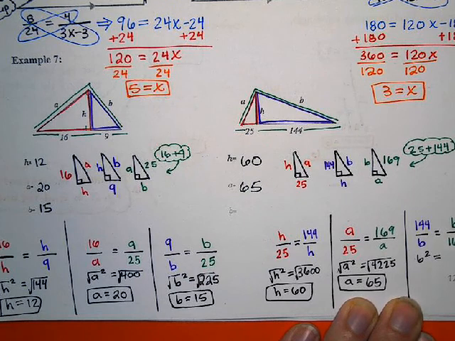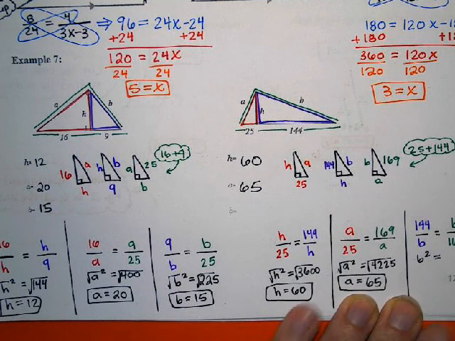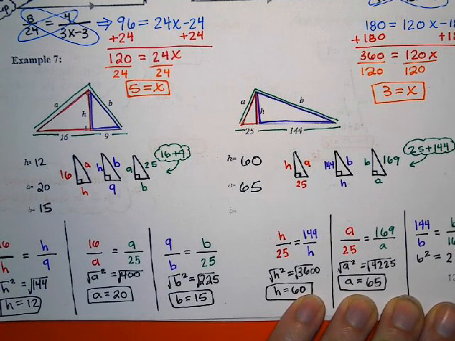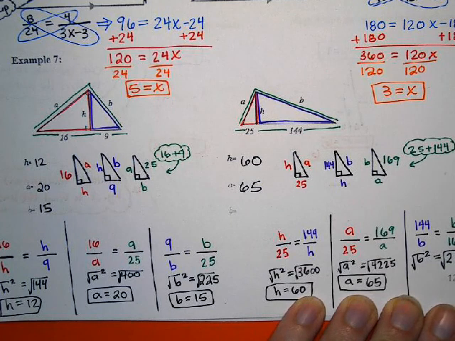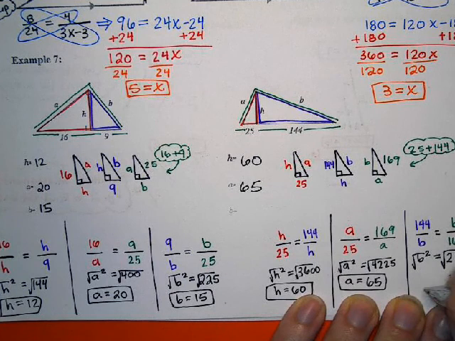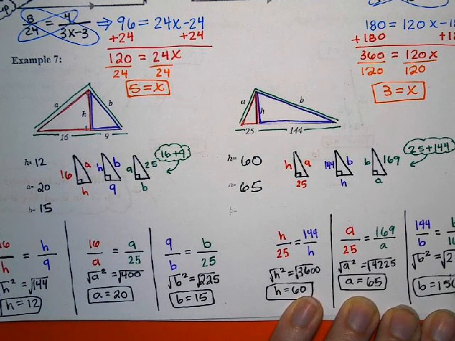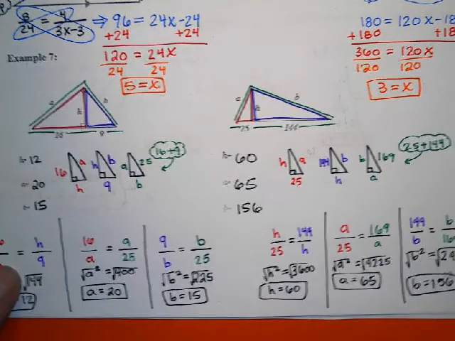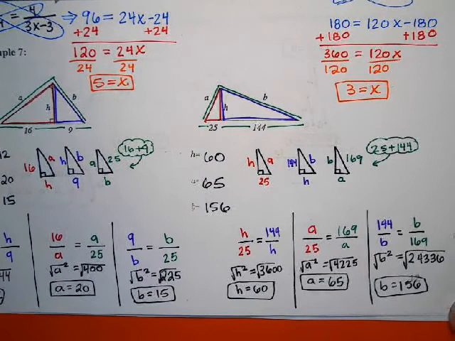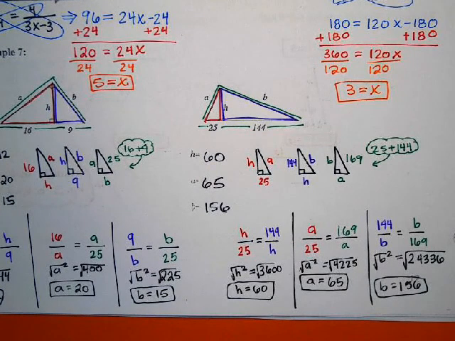B over 169. And when you multiply, it gives you the B squared. 144 times 169. Square root it. That is a big number. 156.